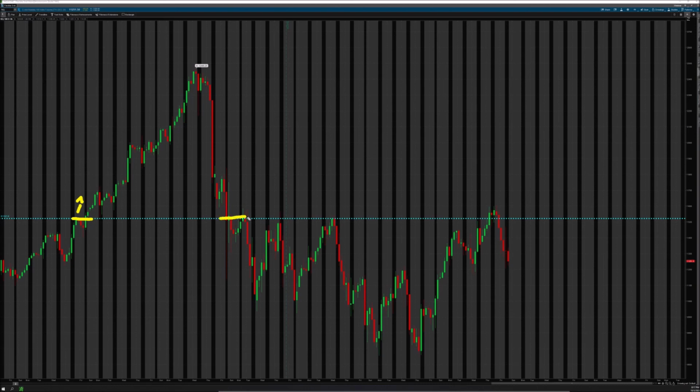It also was support there, but it did not hold, so we fell back down. Again, that's acted as resistance there, and we're back at resistance there from last week. This is what happened on Friday.